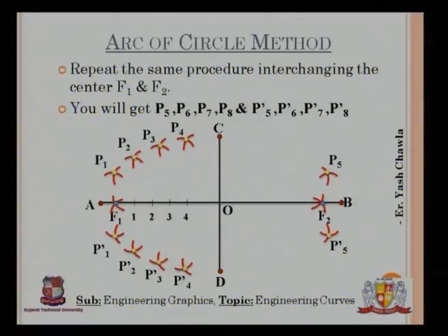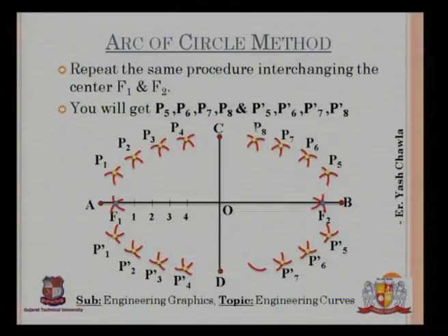Once you have completed up till the left hand side of CD, you can begin with the right hand side of CD as well. On the screen, for the viewers, we have not marked the points between O and B, O and F2, but it will be marked the same as the points which have been marked between F1 and O.